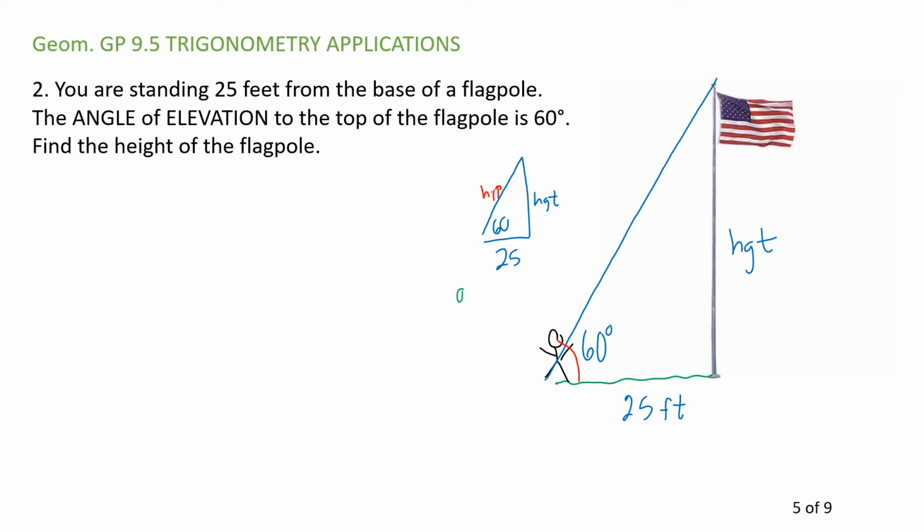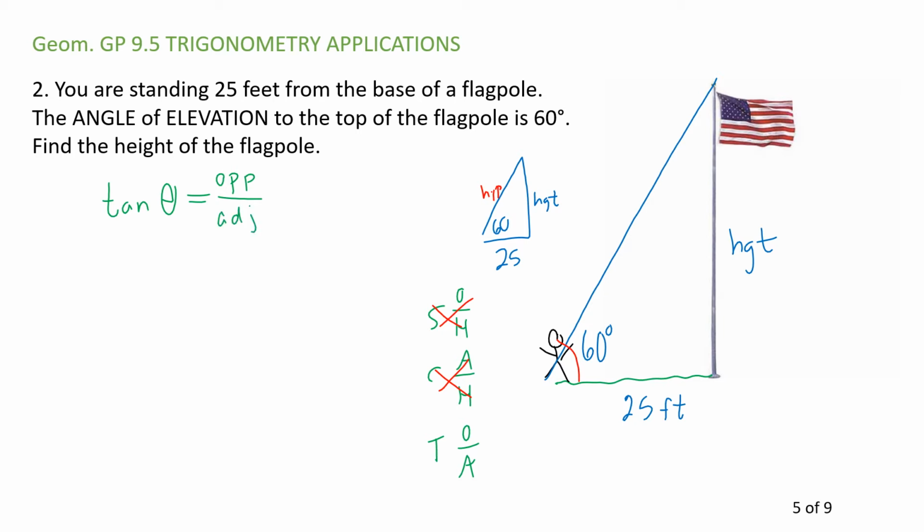Well, remember, Oscar had a heap of apples: sine, cosine, tangent. The only one that doesn't use the hypotenuse is the tangent. So to do this problem, I'm going to use the tangent of an angle is equal to the measure of the opposite side divided by the measure of the adjacent side.